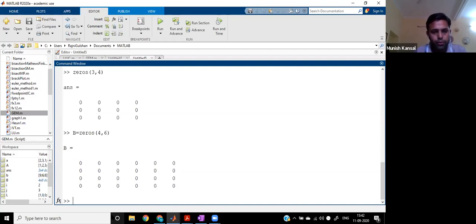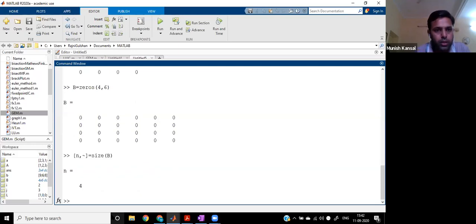So this is a 4 6 matrix. Now you want to display only rows. Similarly, you can go for columns, size of B. So this will give you the number of rows only. Columns will not be displayed, right? So this is how we can make use of rows and columns in the given coding, right?